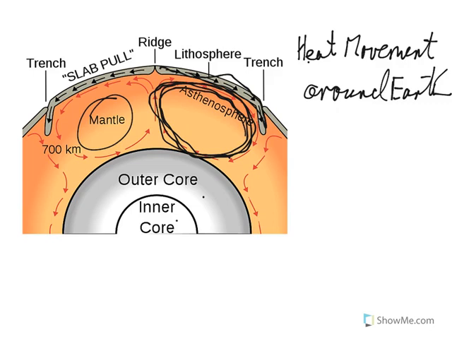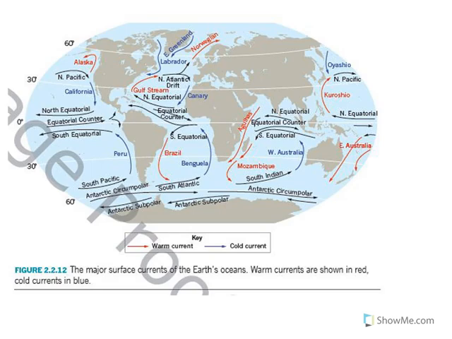Of course, that's within the Earth, but what about on the Earth's surface itself? On the Earth's surface there are ocean currents, and here's a diagram. Around Antarctica we get some currents, and around the equator we get some currents, and those black lines indicate that the temperature of that water, while it's moving around, is not moving to a warmer or cooler area.